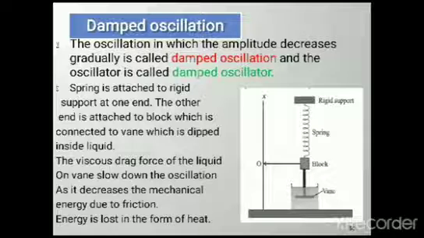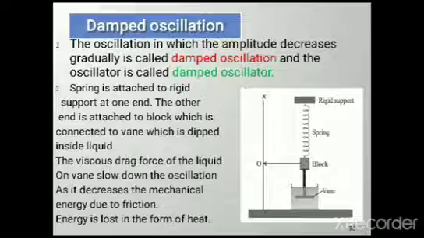And the last topic of this chapter is damped oscillation. The oscillations in which the amplitude decreases gradually are called damped oscillations, and the oscillator is called a damped oscillator. If you take a simple pendulum and displace it from its mean position, it will oscillate about its mean position.